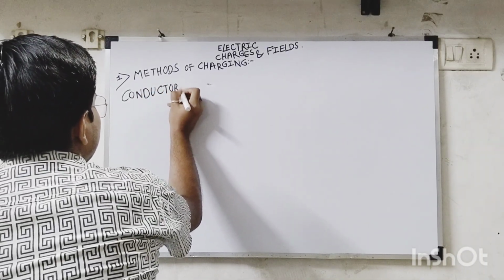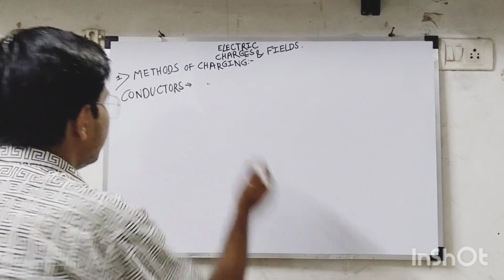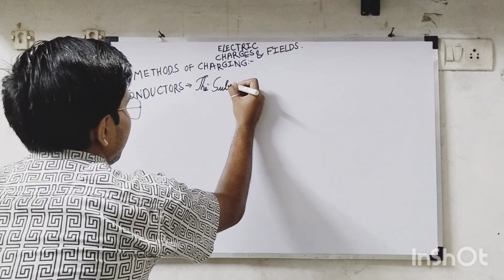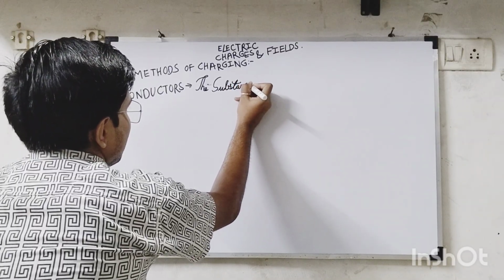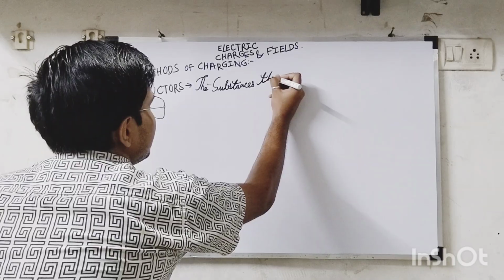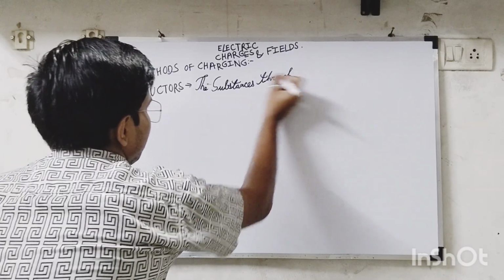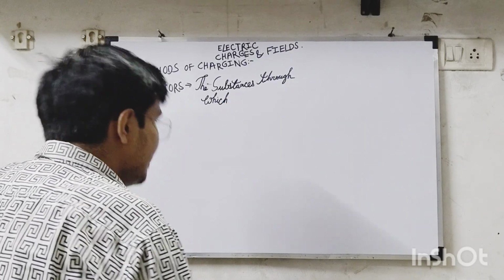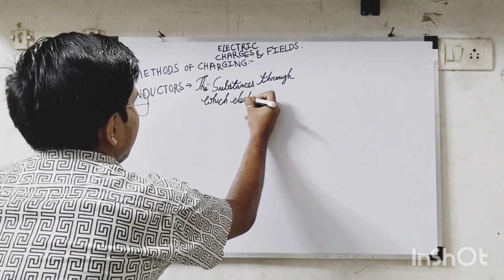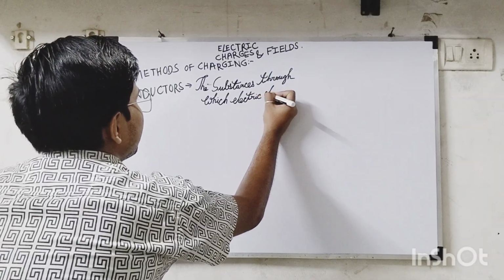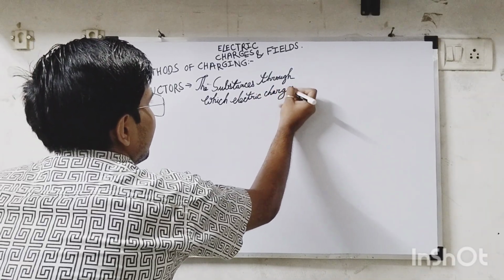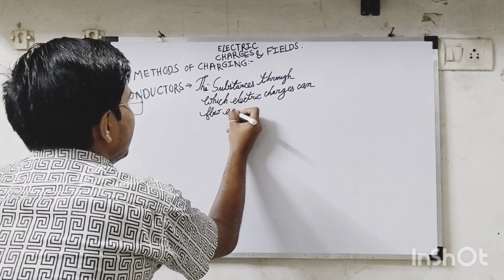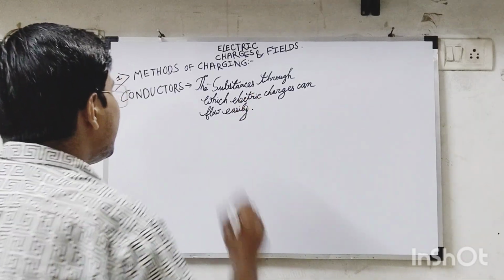Conductors. What are conductors? The substances through which electric current, or electric charges, can flow easily are called conductors.